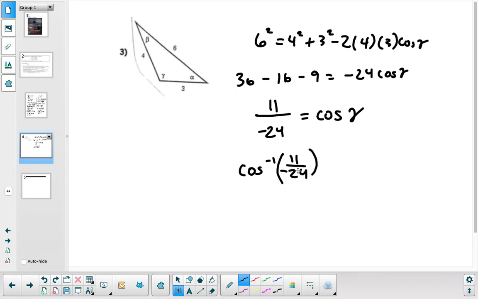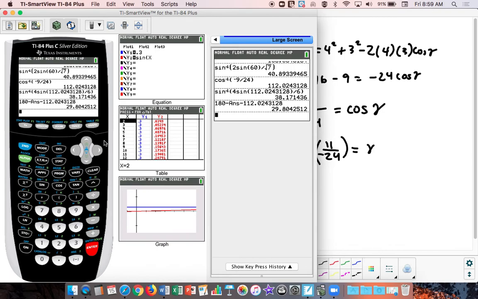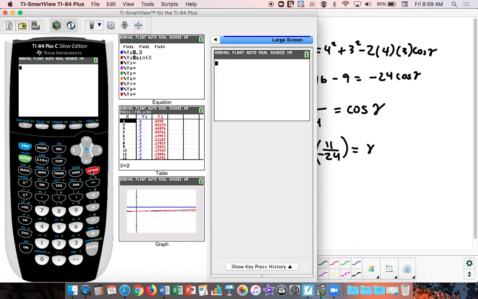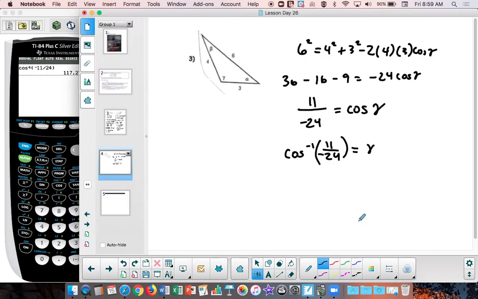And this is a case where it's going to be obtuse because we have a negative cosine, and it's just going to give it to us. That's the best part about this whole thing. You can see I used negative 9, not negative 11. So let's go inverse cosine of negative 11 24ths, which is 117.3.